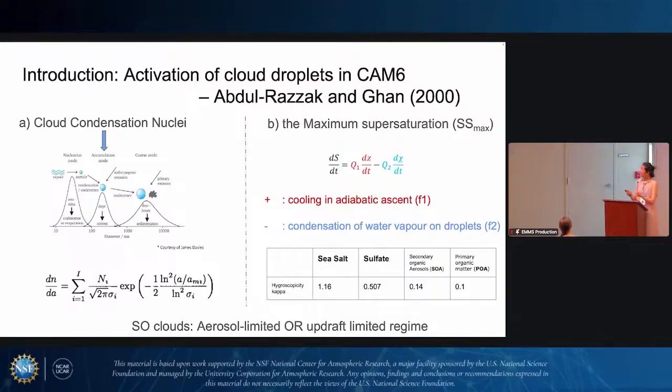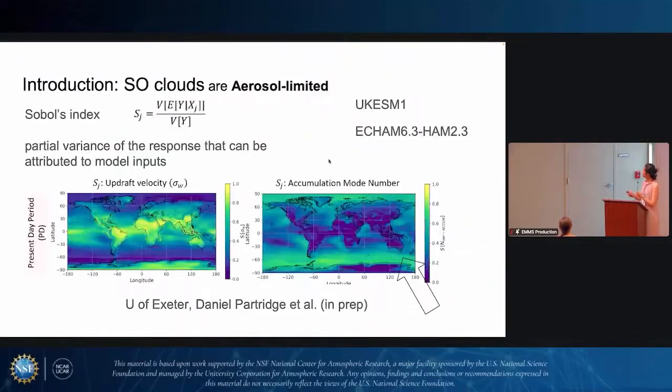At this point, there is a very fundamental question to ask: are those Southern Ocean clouds aerosol limited or updraft limited? For two GCMs, including the UK ESM, University of Exeter scientists have a study in preparation for publication using Sobol indices to quantify the partial variance of the response that can be attributed to the model inputs.